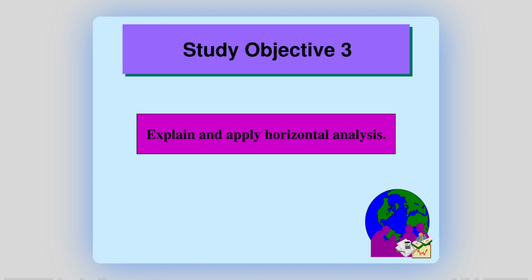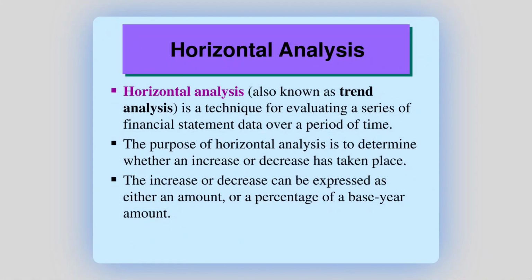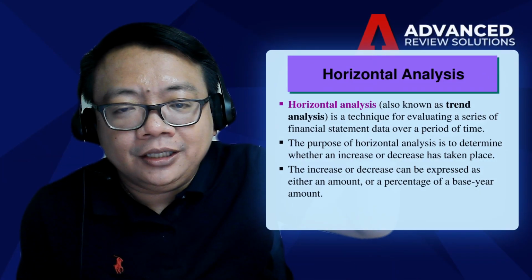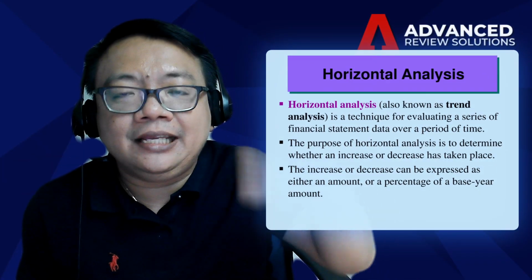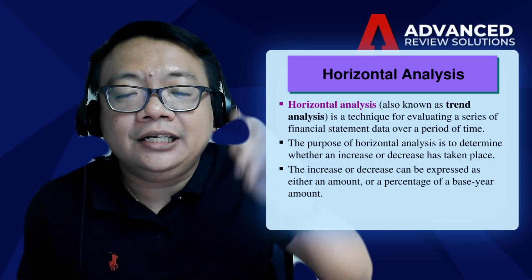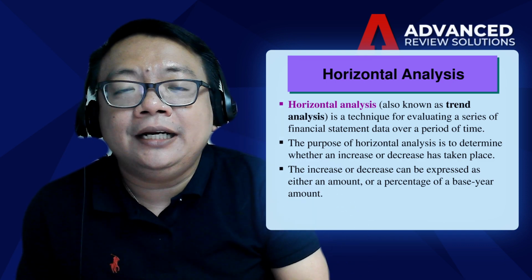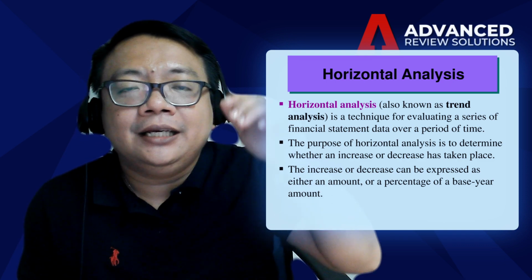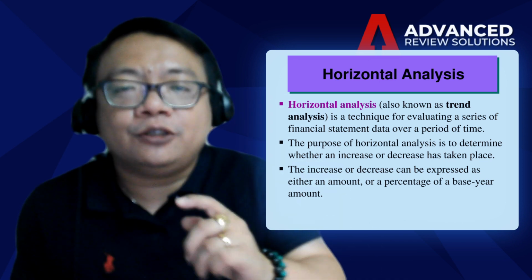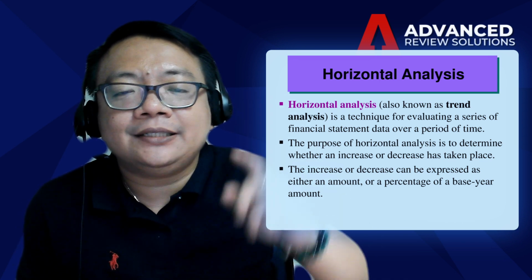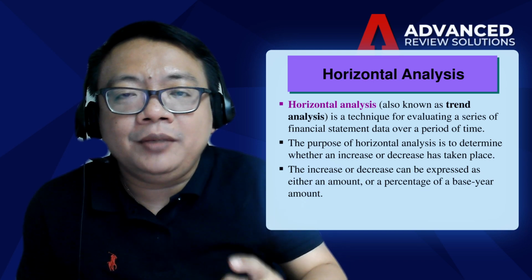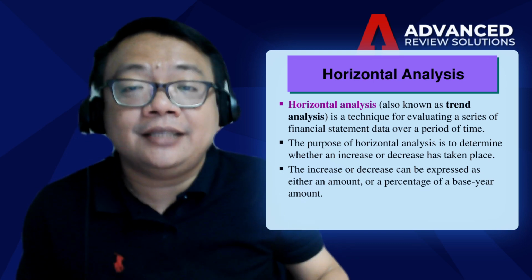So what does this mean? Again, this is horizontal analysis. Trend analysis is a technique for evaluating a series of FS data over a period of time. The purpose of this is to analyze whether an increase or decrease has taken place.